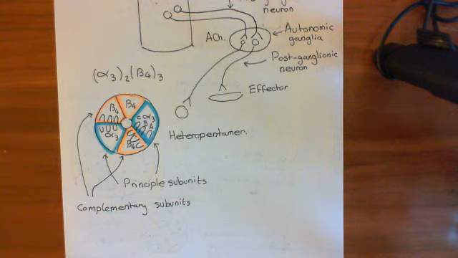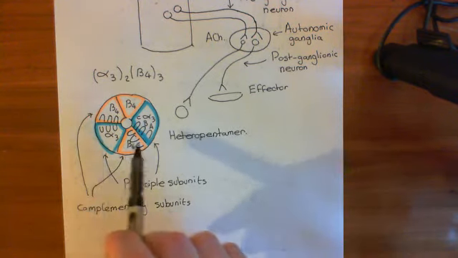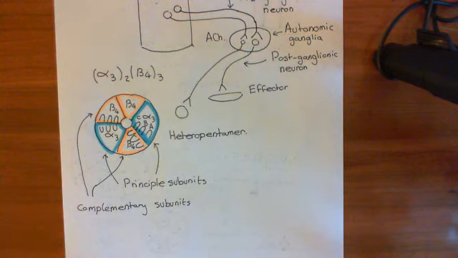Okay, so again, this heteropentameric nicotinic acetylcholine receptor, which we find in the autonomic ganglia on the post-ganglionic neurons, has two binding sites for acetylcholine. We'll see that this is going to be different when we look at the alpha-7 homopentamer, which is in the central nervous system.